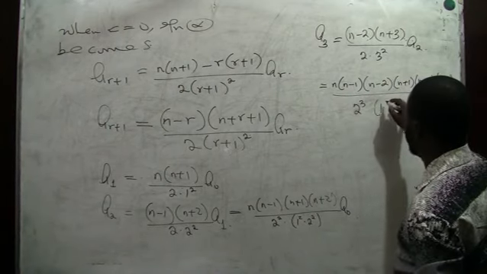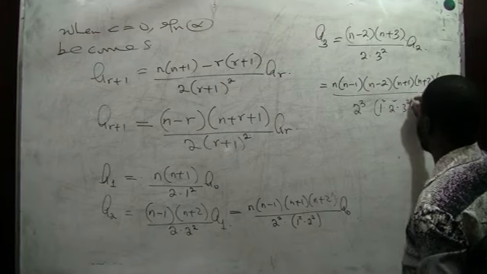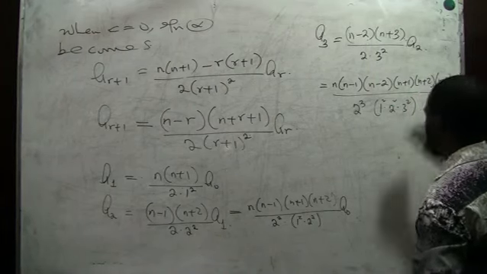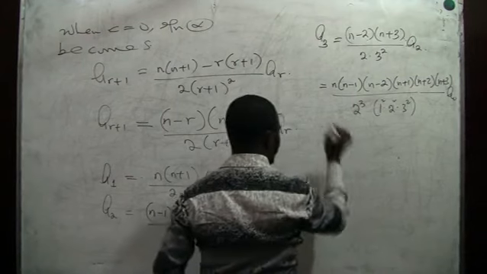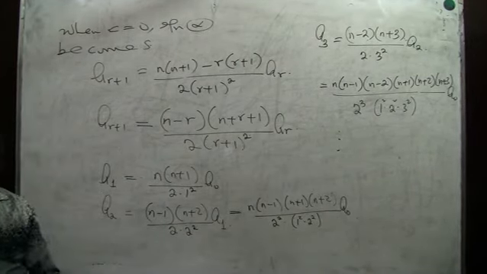Then I have 1 squared, 2 squared, multiplied by 3 squared, A naught. It continues. What will now be the generalization? It continues in that order.